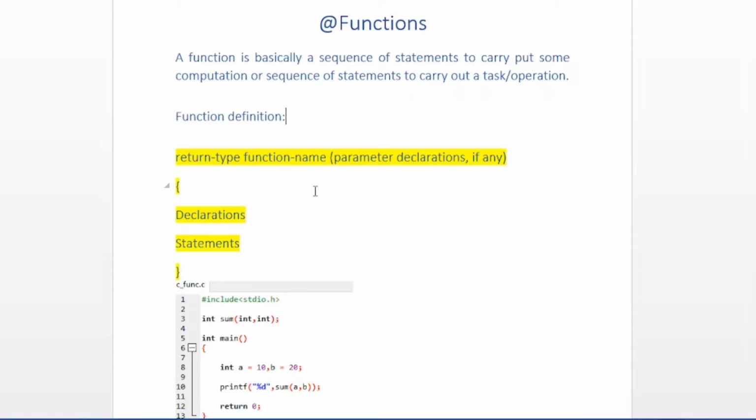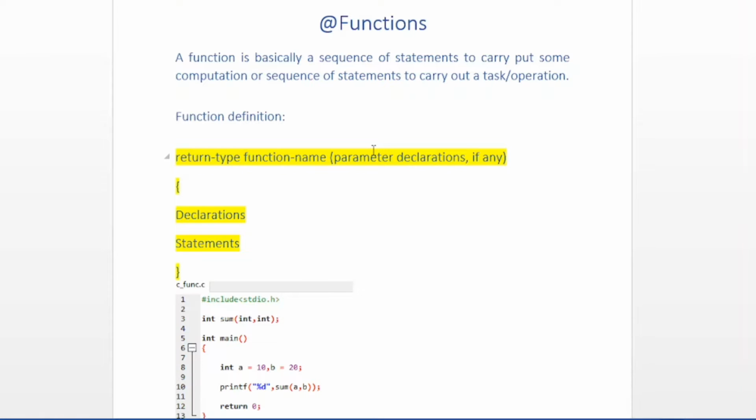So let's see one by one what is function declaration, what is function definition, and how we can call a function. This is the syntax for function definition. On the leftmost side we write the return type of the function, then a space, then the function name, and inside these braces there may be parameters. Parameters are the variables that are basically the input.